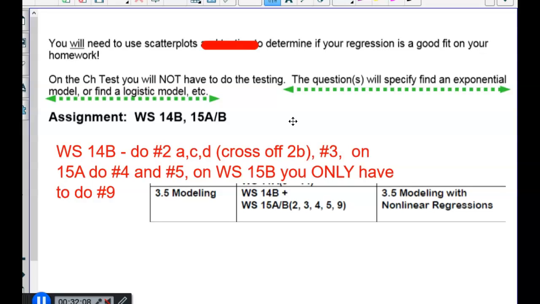It tells you exactly what to do. Okay, then on page 15, you need to do 4 and 5. Can you circle 4 and 5 on 15? You can cross off if there's any testing. And then on 15B, the only one you need to do is number 9, because that is on the quiz.